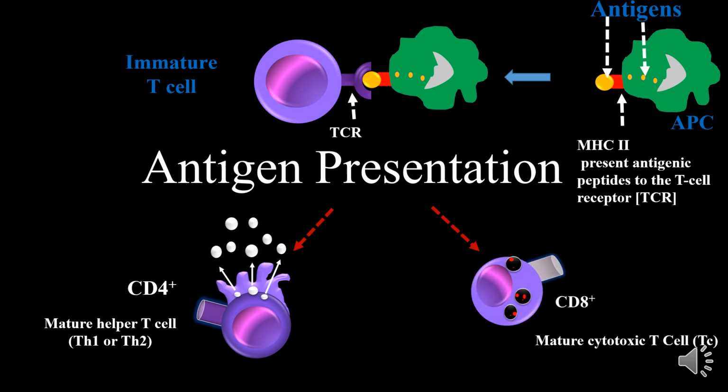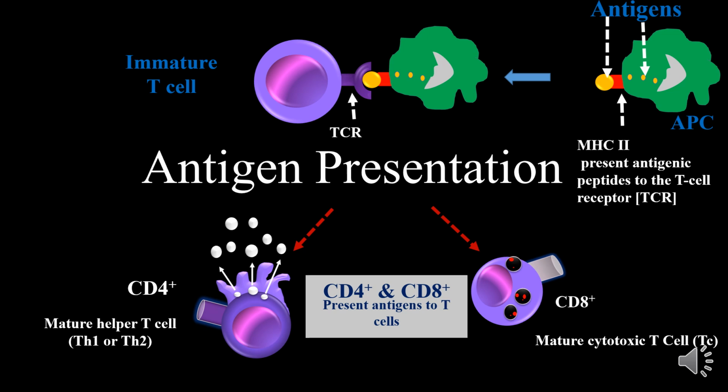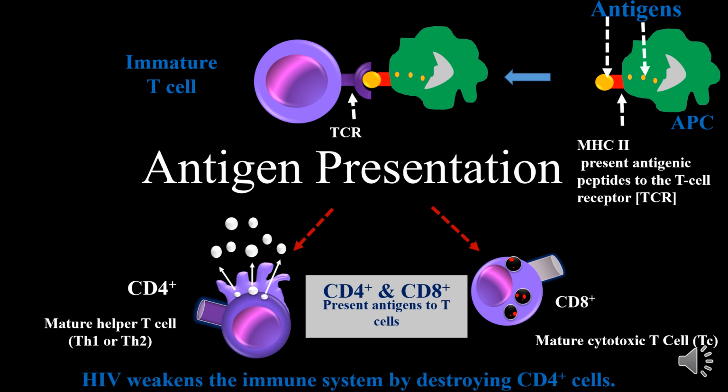The second population we see here of the T lymphocytes is the mature cytotoxic T cells which express CD8 on their surface. These CD8 molecules are present on the atypical or non-professional antigen presenting cell surface. So this was about antigen presentation.